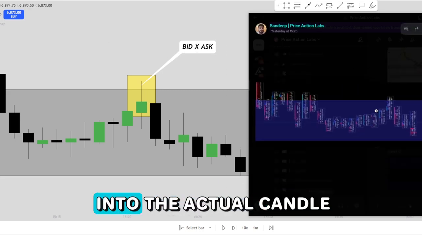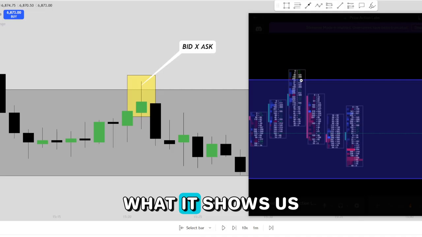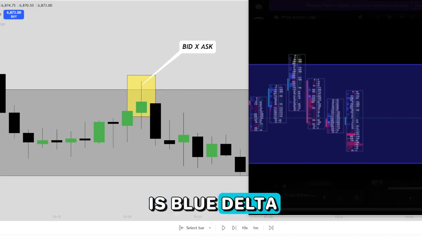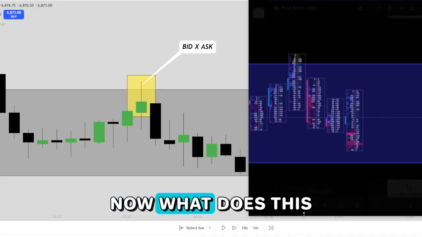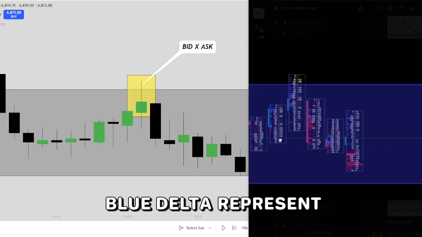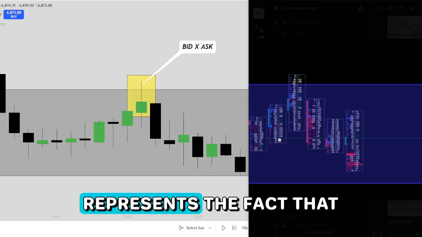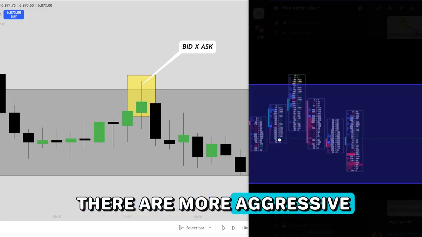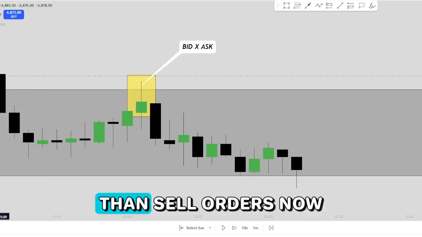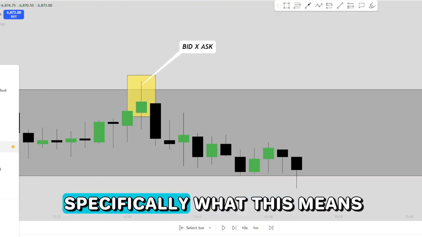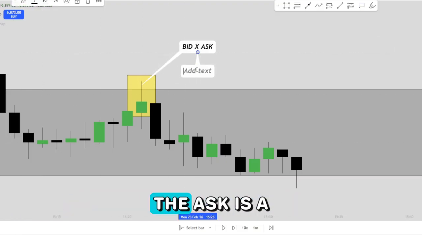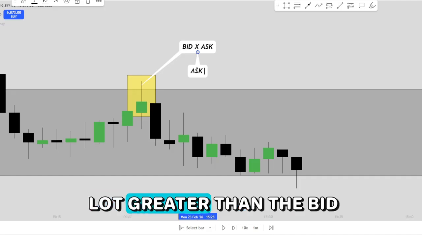Now, when we zoom into the actual candle, what it shows us is blue delta. What does this blue delta represent? This blue delta represents the fact that there are more aggressive buy orders than sell orders. Specifically, this means that the ask is a lot greater than the bid.